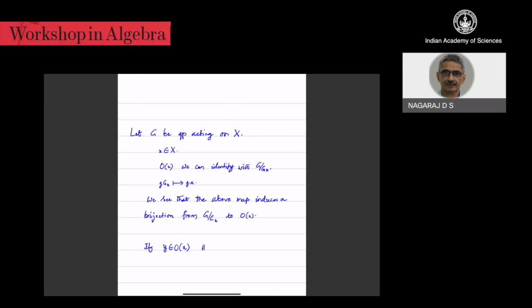Then there is a relation between subgroups Gx and Gy and orbits Ox and Oy.